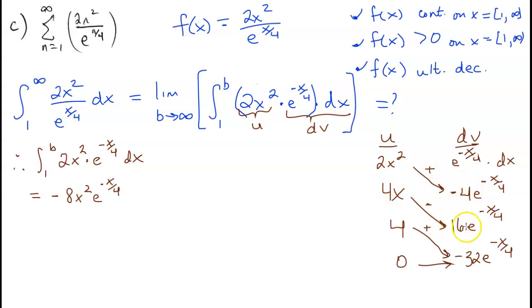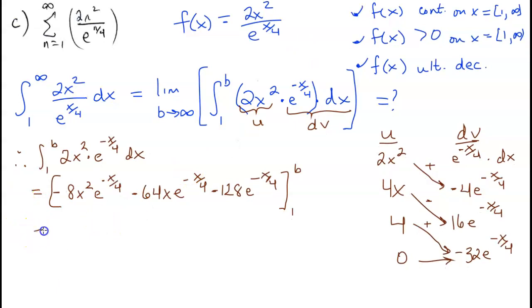Here, the 4x times the 16 e raised to the negative 1/4 x will end up being minus 64x e raised to the negative 1/4 x. And we would have plus 4 times a negative 32, and that would be negative 128 e raised to the negative 1/4 x. And all of that will be evaluated from 1 to b.